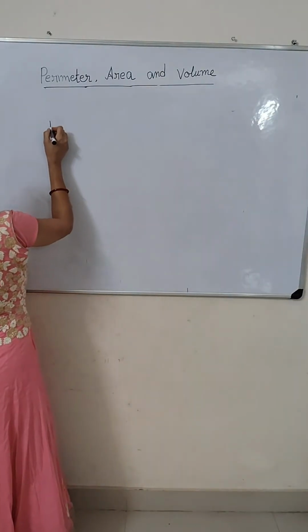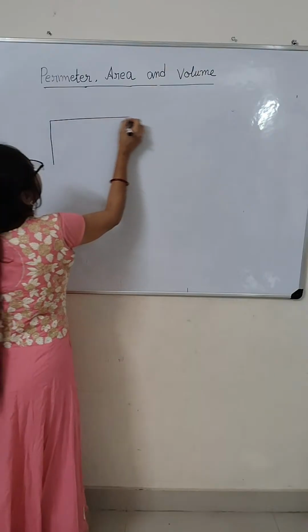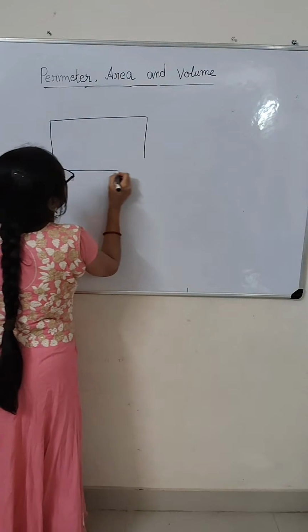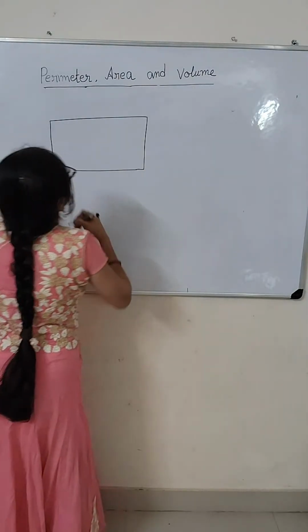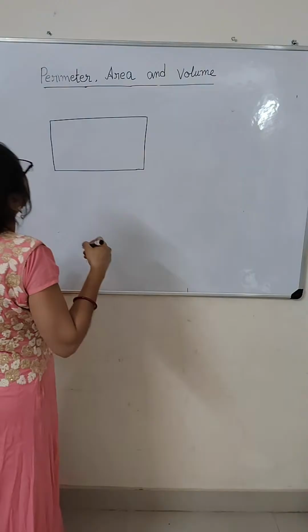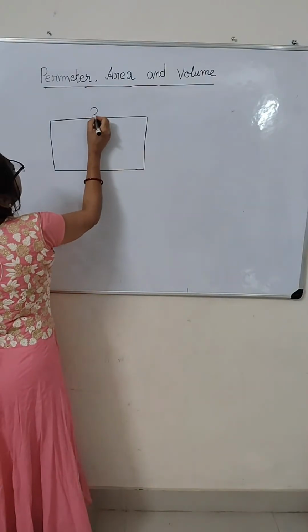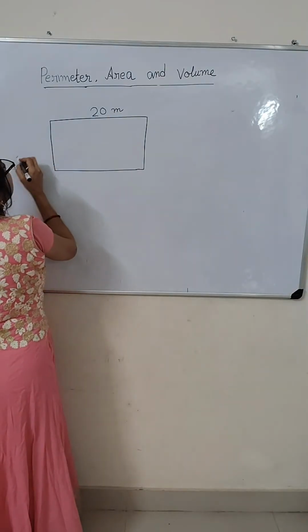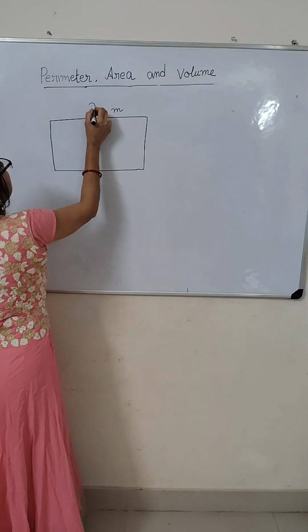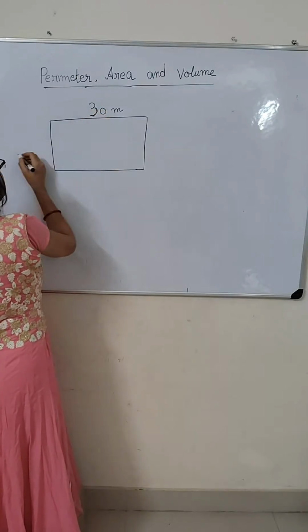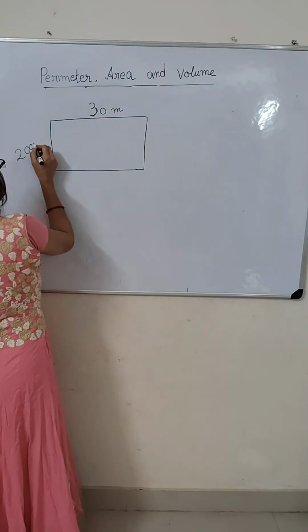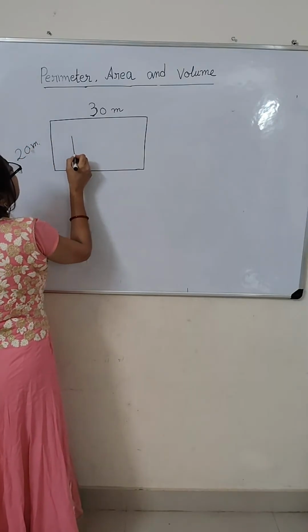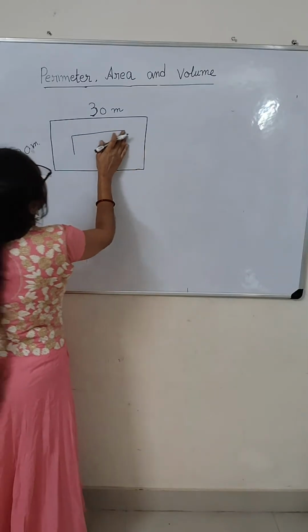There is a rectangle. It is 30 meters and 20 meters. Inside there is a small rectangle.